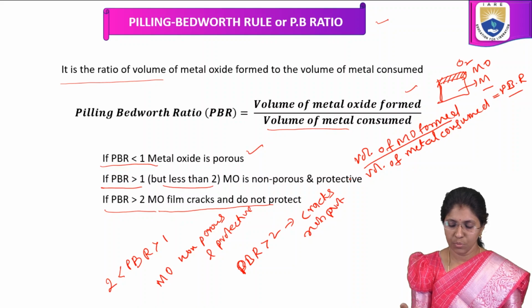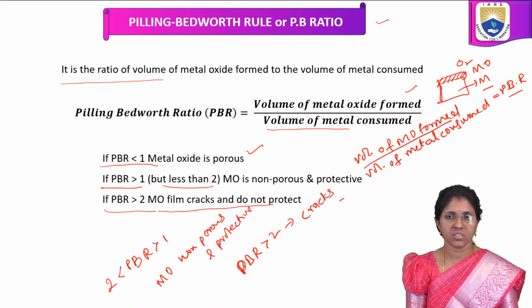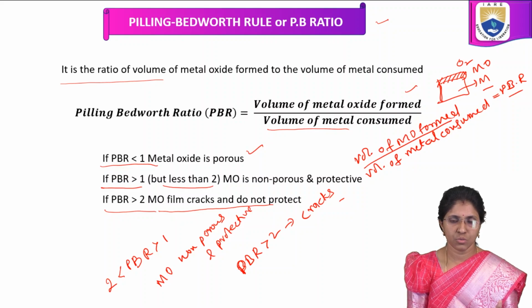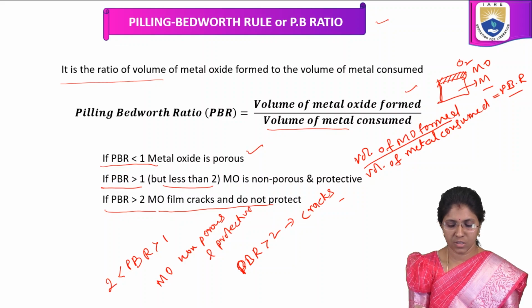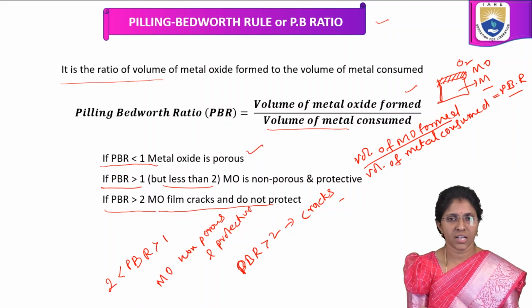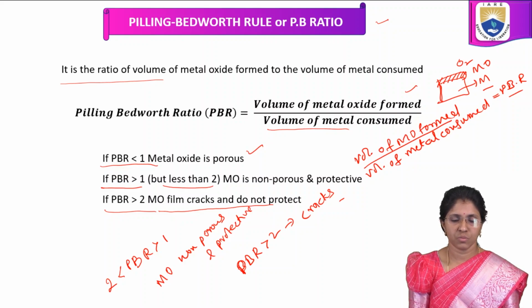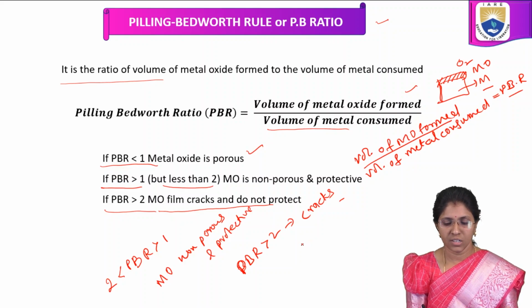To summarize: if the PB ratio is less than 1, the metal oxide is porous; if greater than 1 but less than 2, it is protective and non-porous; if greater than 2, the layer contains cracks and is non-protecting. Using this rule, we can tell the nature of the metal oxide layer.